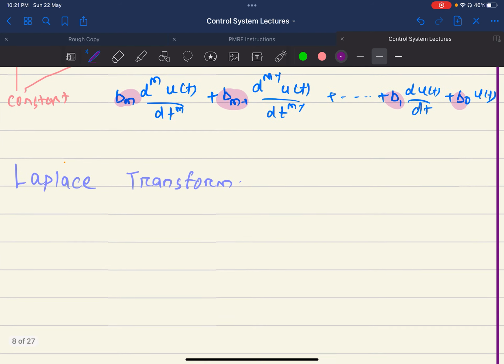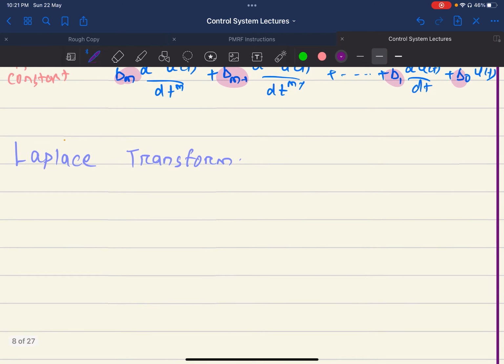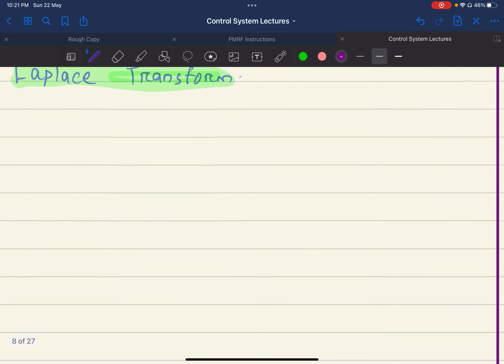I won't be discussing much about the Laplace transformation in this lecture, but I will just brief the important Laplace transforms you will need.